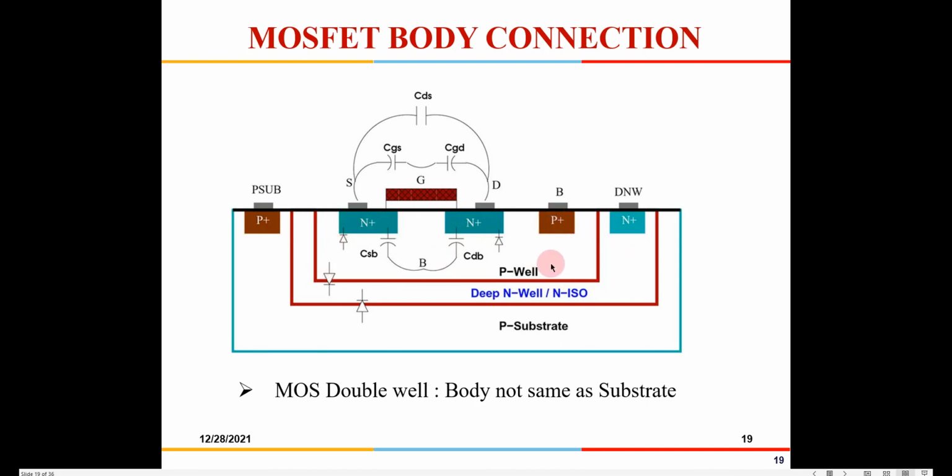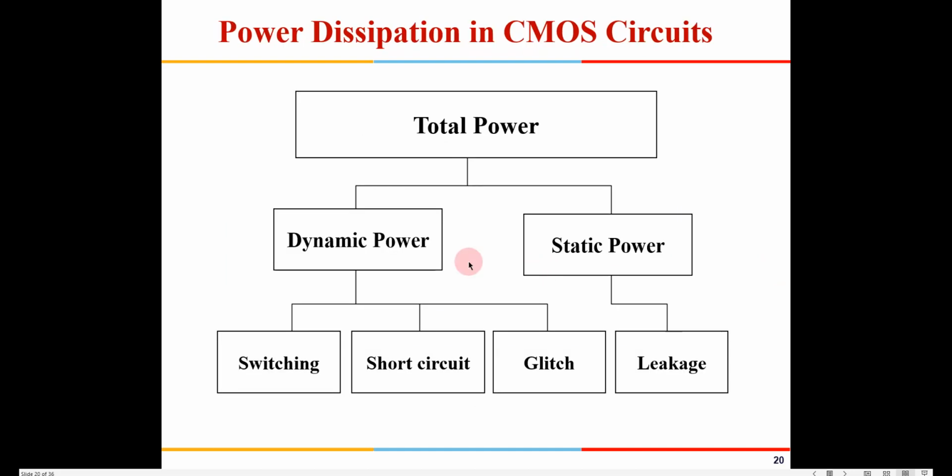So this P well is not actually the substrate. This is a separate P well exclusively for this NMOS device. In this case you can give some voltages to this body also, because it is not going to affect the other devices, since an isolation N well is there. So the functioning of this device is not going to affect the other devices. So these kinds of things are also possible.